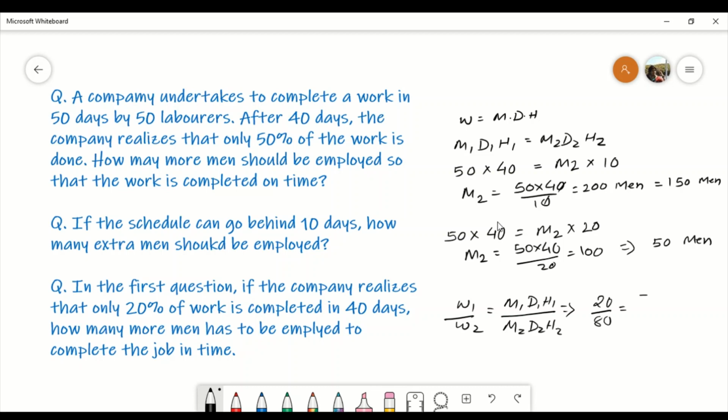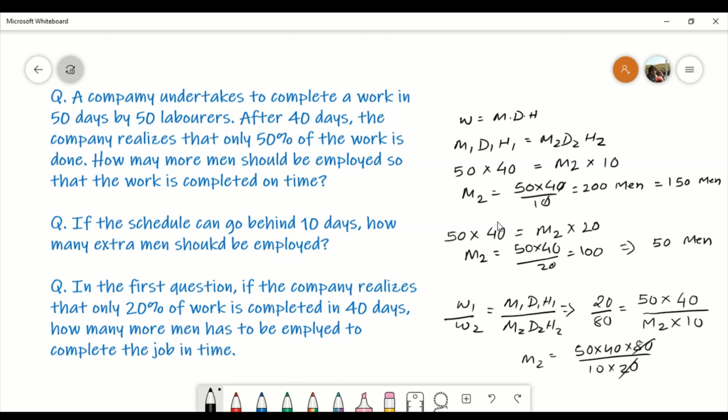So we have 50 into 40 days, as 20% of work was done, right? So this is the equation that we get. If we solve it for M2, it is 50 into 40 into 80 upon 10 into 20, right?